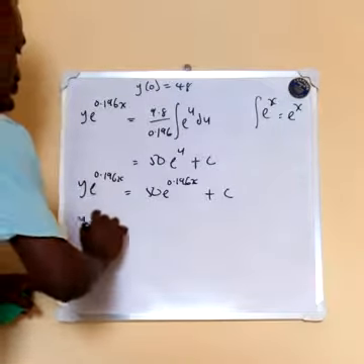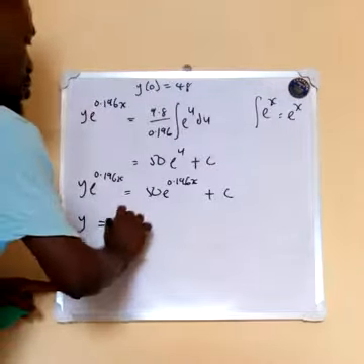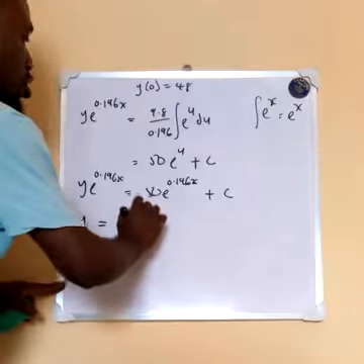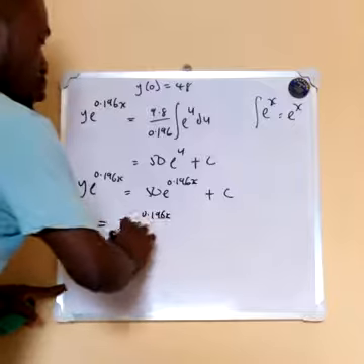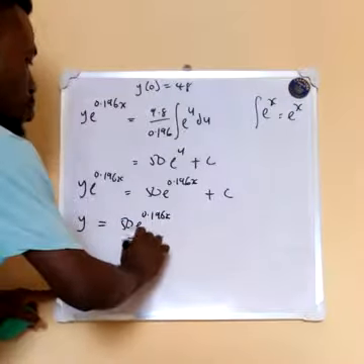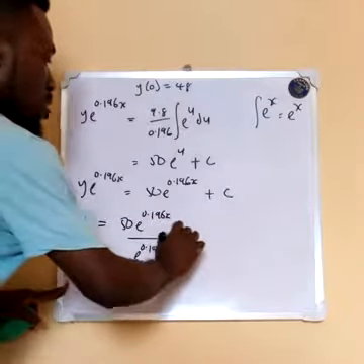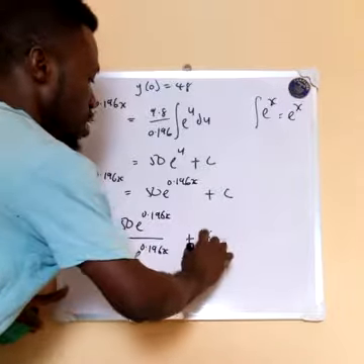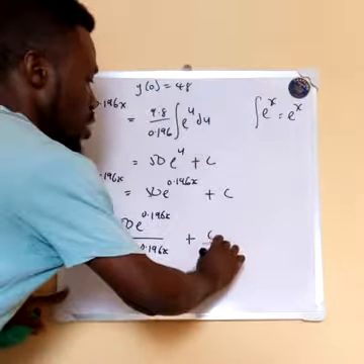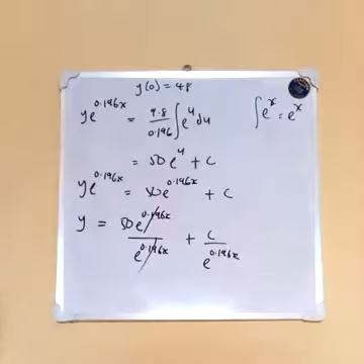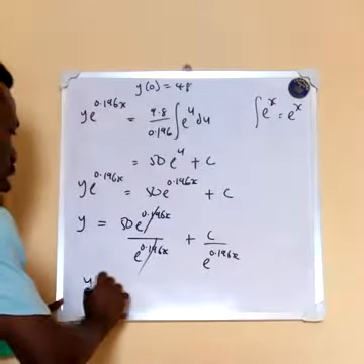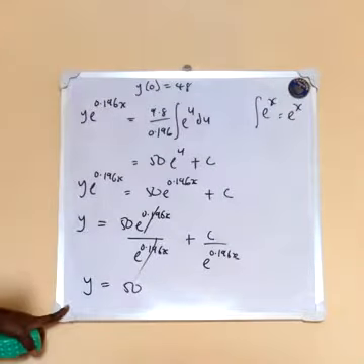You have y equal 50 e^(0.196x) over e^(0.196x) plus c over e^(0.196x). So this and this cancel completely. So you now have your y equal 50 standing by.